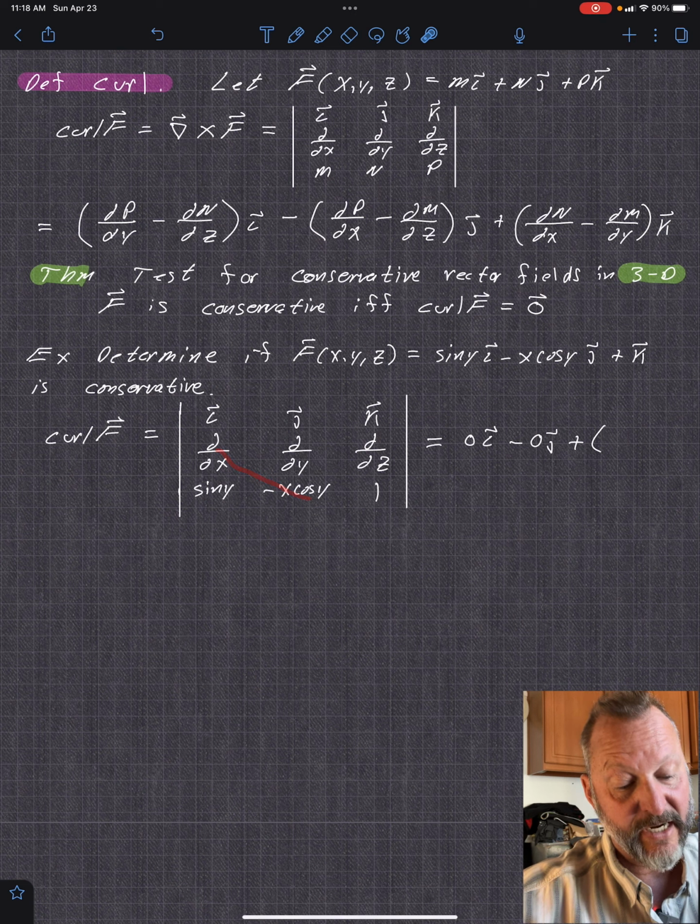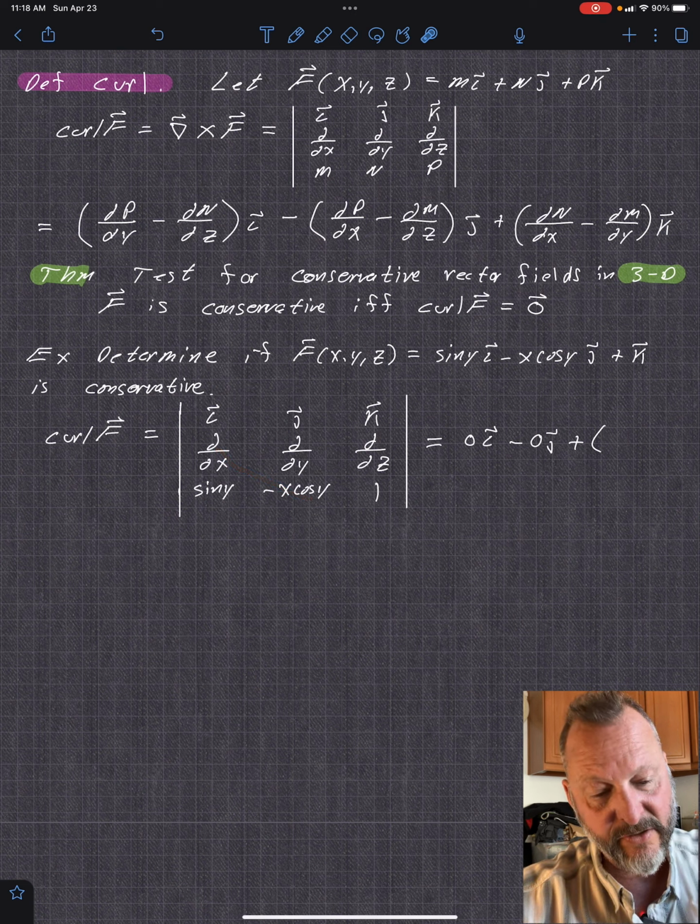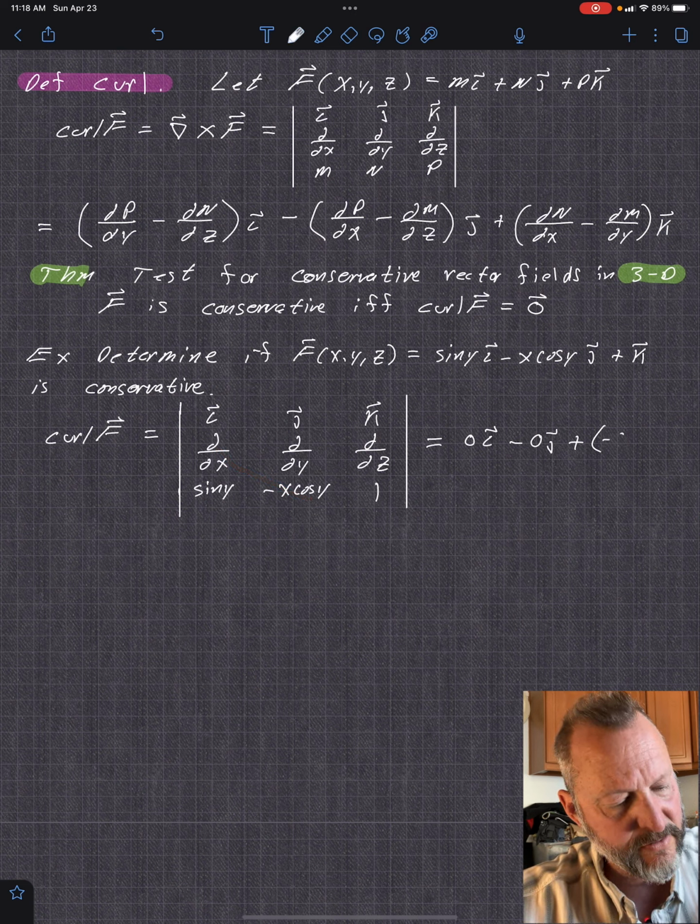And that one does have a derivative. So it's negative x cosine y. And then you get minus cosine, and I'm running out of room, of course. I think my writing in my notes is smaller or something. Not sure what it is. All right, let me erase that.